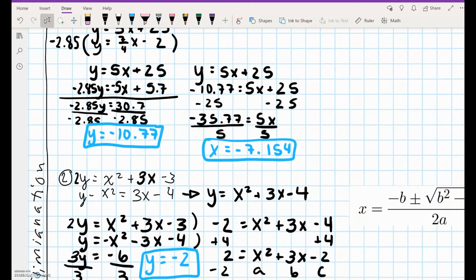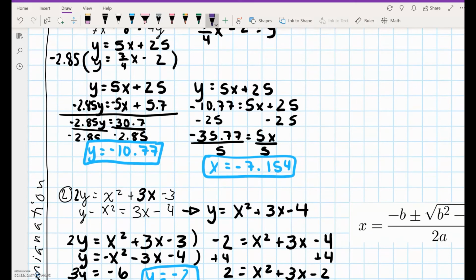So as you can see in this next part, I added but with negatives, so subtracting, and then simplified everything and divided, and then y was equal to negative 10.77, and then you take that y and you substitute it back into your original equation.